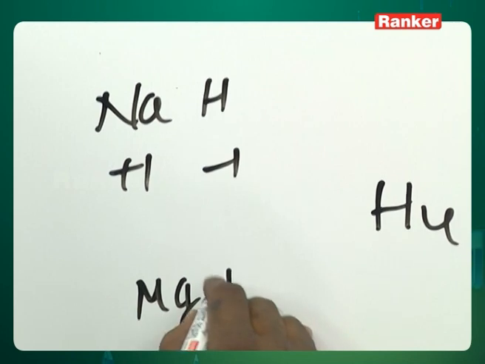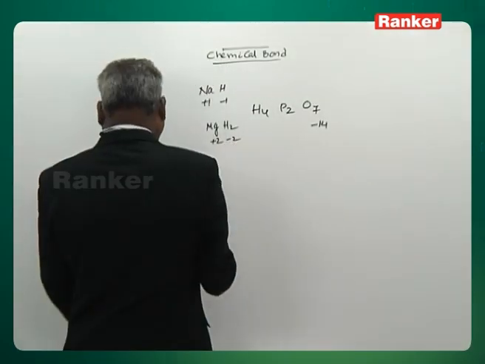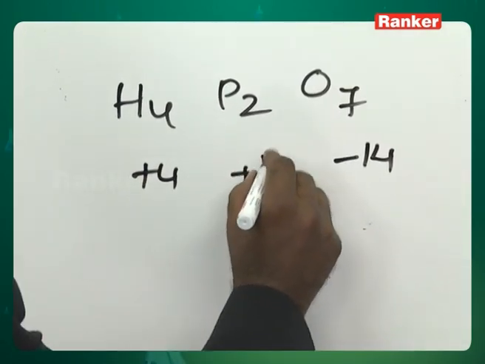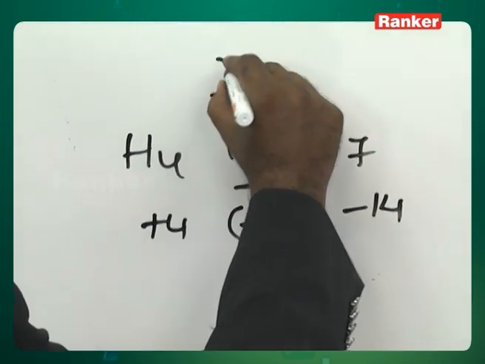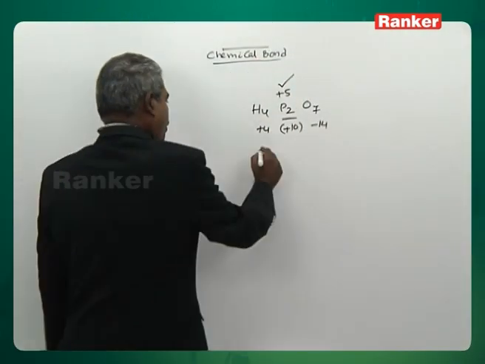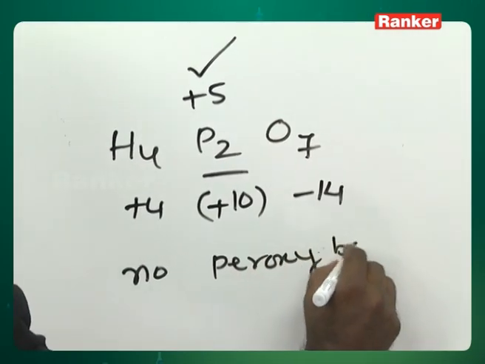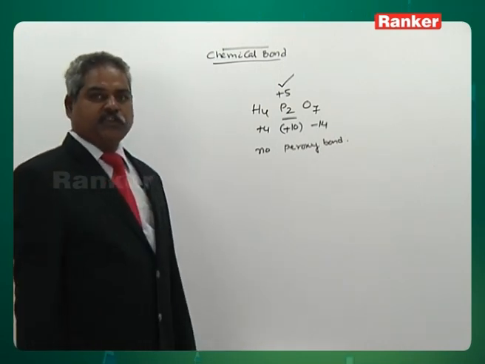MgH2, magnesium plus 2, which is fixed, so H is minus. So plus 4, plus 10. Each phosphorus is getting plus 5, okay, therefore no peroxy bond. What do you mean by peroxy bond? Oxygen-oxygen single bond.